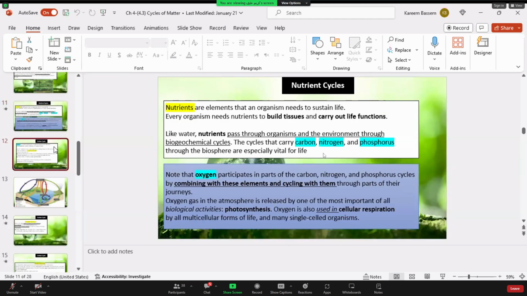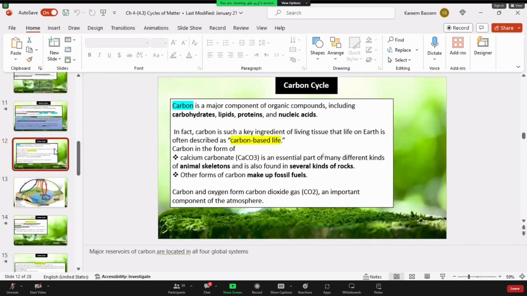Okay. Now we will proceed to the carbon cycle. We said carbon is so important that life is described as carbon-based. You can find carbon as a major component of organic compounds, including carbohydrates, lipids, proteins, and nucleic acids, which are the macromolecules.